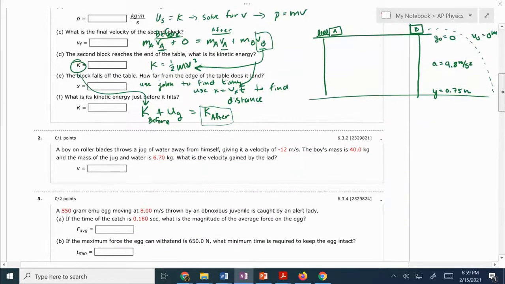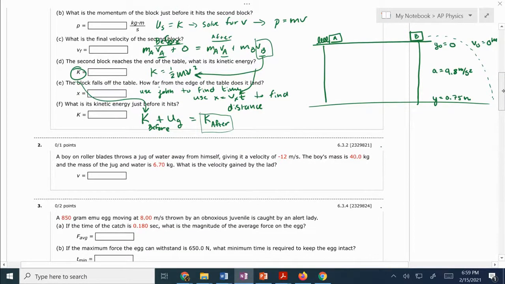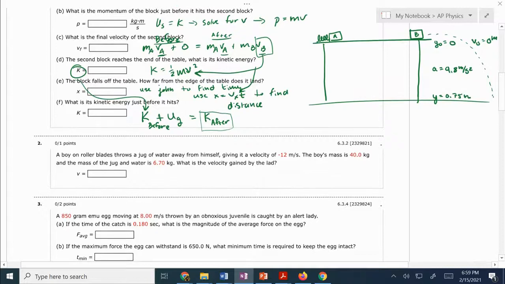A boy on roller blades throws a jug of water away from himself, giving it a velocity of negative, so that means he threw it to the left. The boy's mass is 40 kilograms. This is your typical rifle problem. The momentum before is 0, because it's before he threw it.